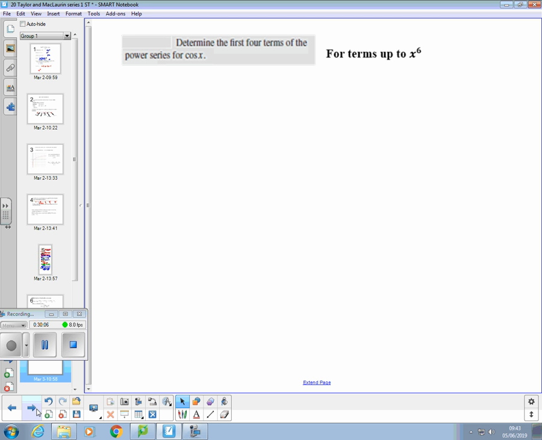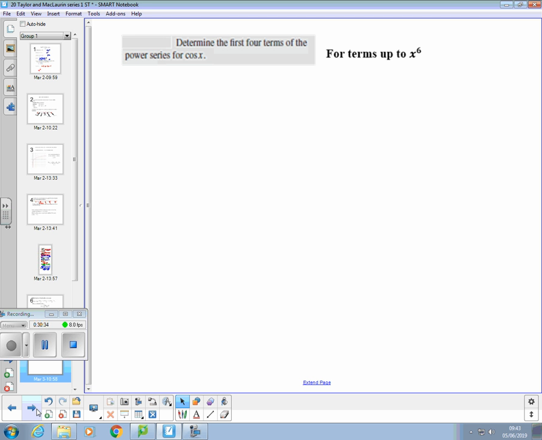Does e to the x exist where x is equal to 0? Does e to the power of 0 exist? Yeah, so we're able to use the Maclaurin series on that. But if you put a value of x equal to 0 into a function on your calculator and you get an error, then it doesn't exist at 0, therefore you can't use it.